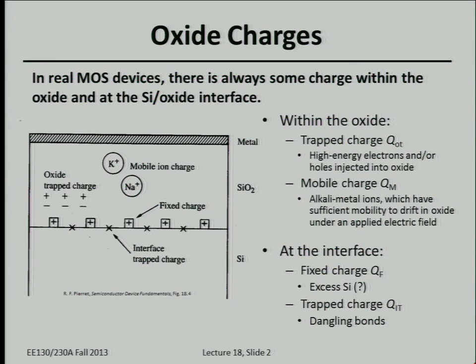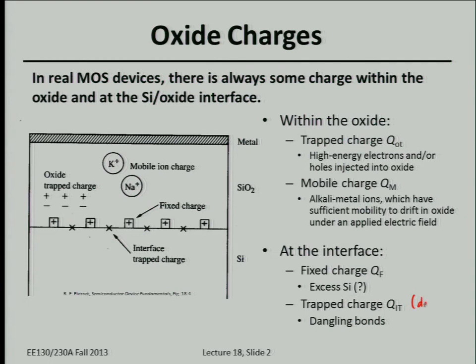You can have trap charge in the oxide as well that doesn't move around as you apply a voltage to attract or repel it. And then at the interface, you can have fixed charge that doesn't change with the applied voltage, but you can also have interface trap charge that does depend on the bias voltage.